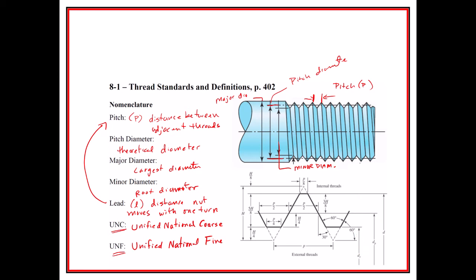So what you're seeing over to the side is maybe the geometry, or it's really kind of a rough geometry of what a typical UNC would be. So you can see the proportions. But there's actually some rounding off of this type of thing, and we'll talk more about it later.